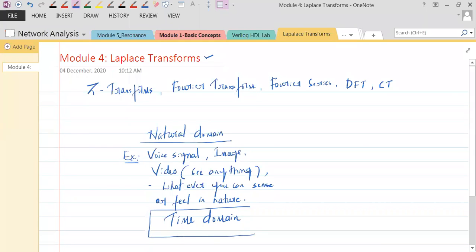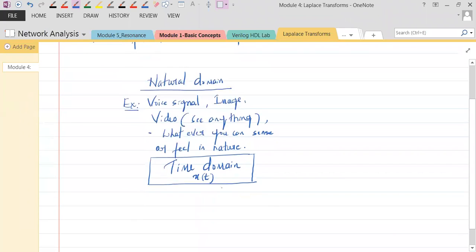Understand? Why do we need these transforms then? What these transforms do on time domain, they're all signals. Okay, signals are generally represented as say x of t, because it is time domain, right? So here t is time, then x is signal.